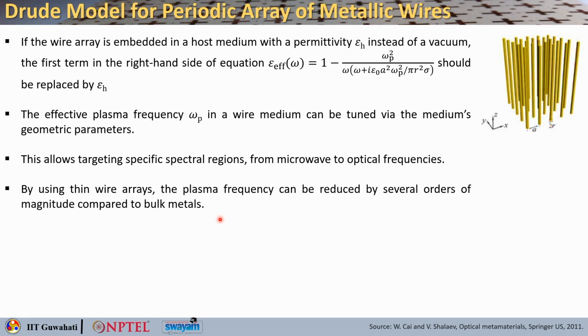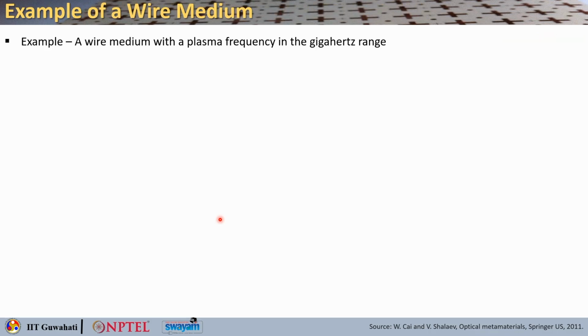If you use thin metallic wires instead of solid metal, you can bring down the plasma frequency, and that allows you to make microwave metamaterials as well. For example, a wire medium with a plasma frequency in the gigahertz range is something amazing.